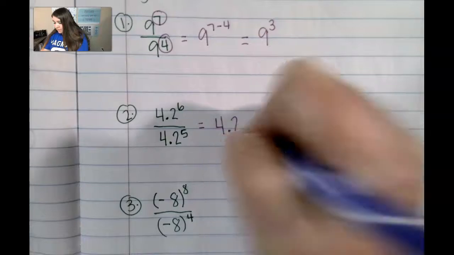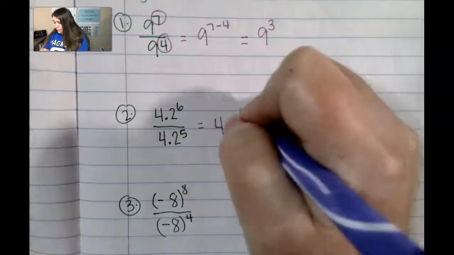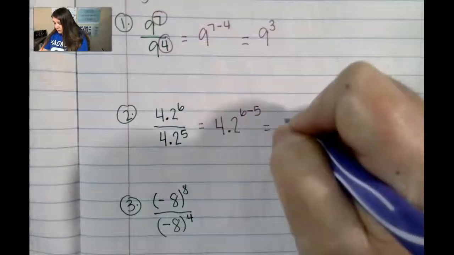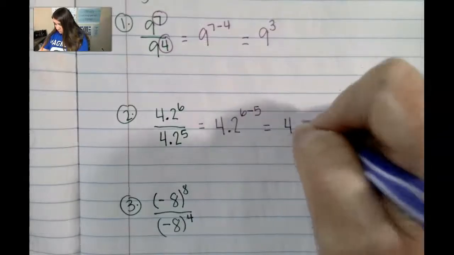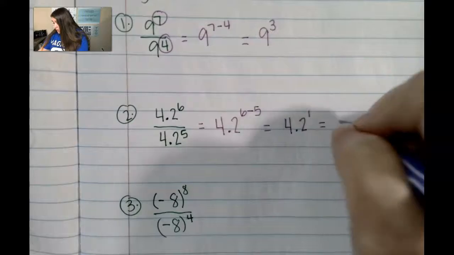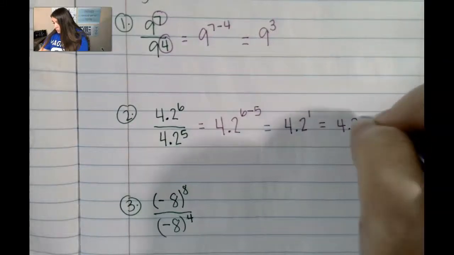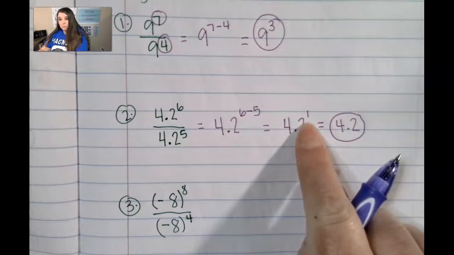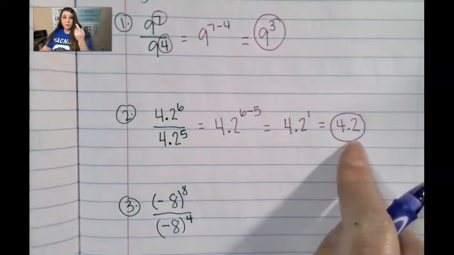That is my base. I'm going to subtract 6 minus 5, and I get 4 and 2/10 to the 1, or just 4 and 2/10. Again, I don't need this 1 because it's already one number.